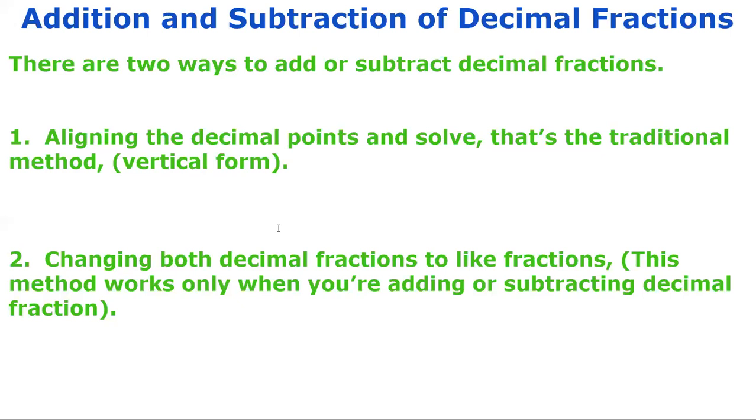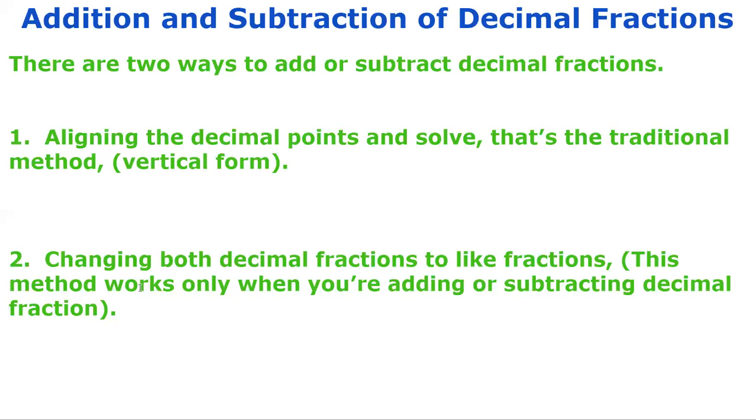And that one is the traditional method. When you align something, it means directly opposite. So you make sure that the points are in a line, and then you start writing your numbers.